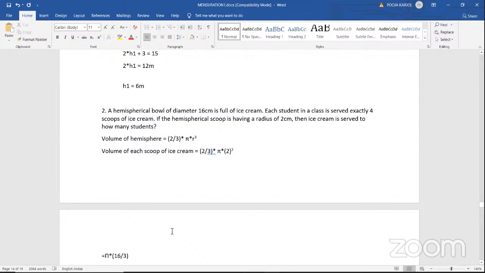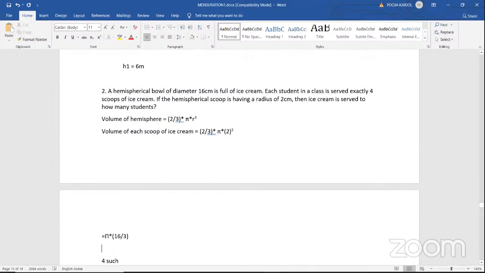Keep the pi as it is. So 16 by 3 pi cubic centimeter each scoop. So each student gets 4 such scoops.